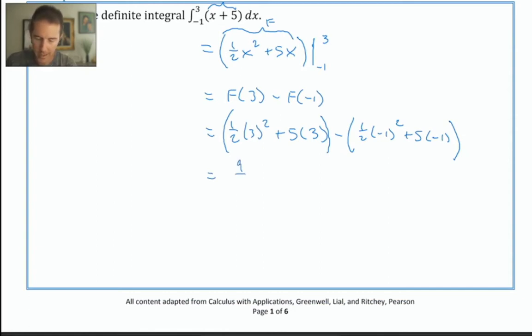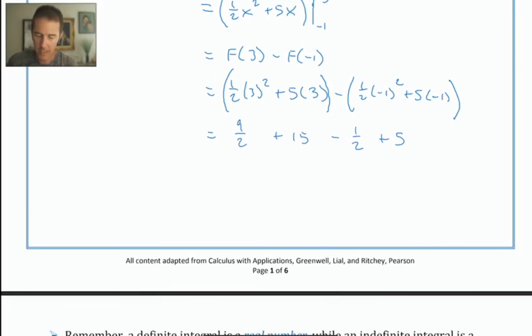So this is 9/2 plus 15 minus 1/2 plus 5. This is a -5, but we're subtracting it, so it turns into a plus 5. That looks good to me. Okay, 9/2 minus 1/2, that's 8/2, which is 4. 4 plus 15 is 19, plus 5 is 24.